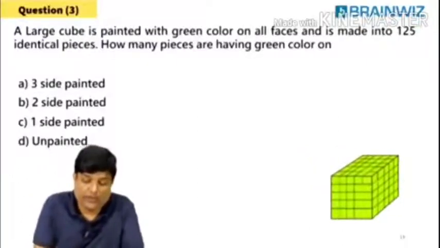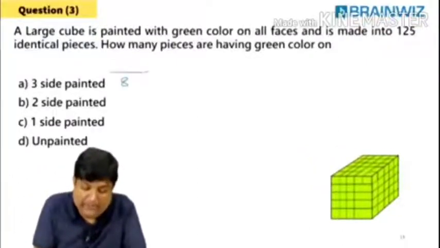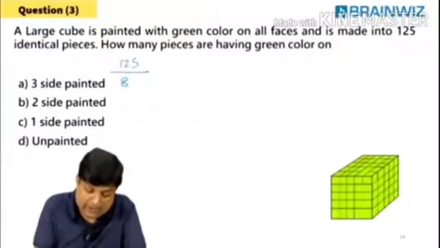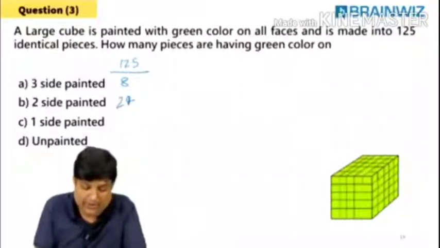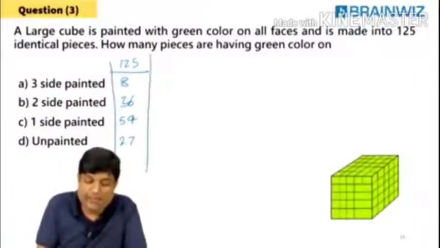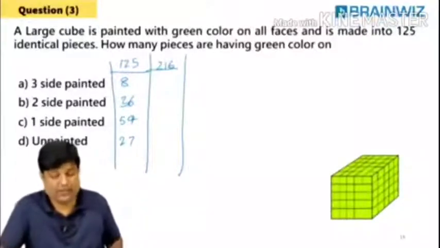In 125 you told this is 8, this is 24, this is 36, this is 54. And you got 27 from this. What if you got 216? Come on, students. 216.